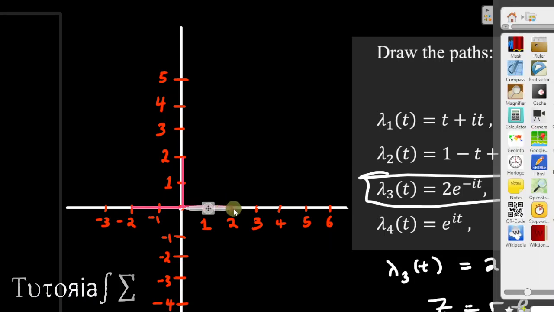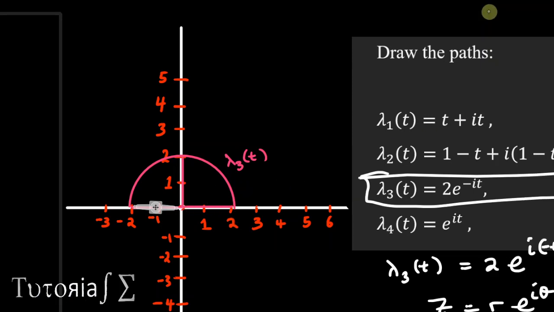All right, so that is my compass. I can simply draw a semicircle like that, and I am done. So this is the semicircle for lambda 3 of t, and we are done. So that is how we do that one.